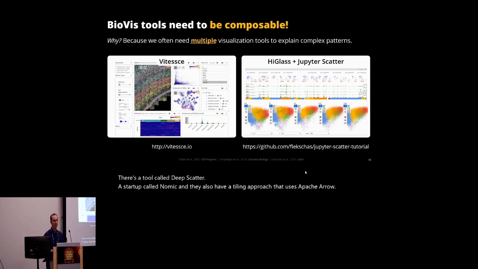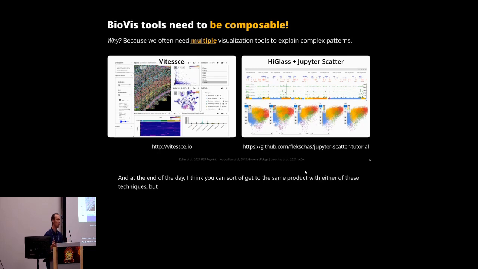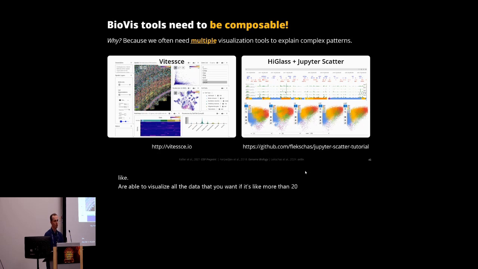At the end of the day, I think you can get to the same product with either of these techniques. But the key thing is you need some sort of data structure that either allows you to stream data in an aggregated fashion, or that offers tiling, such that you are able to visualize all the data that you want, if it's more than 20 million points or so.